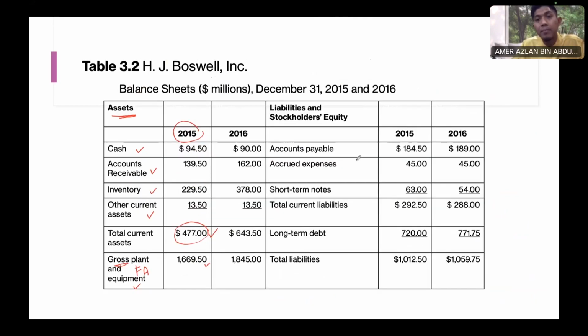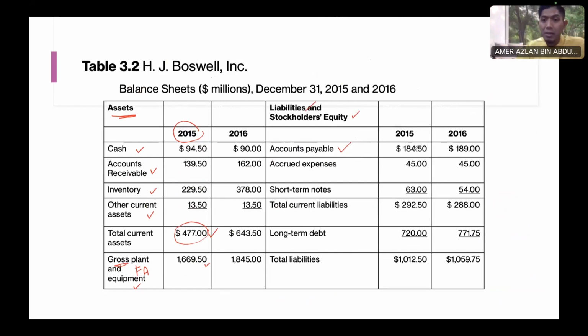So those assets will be financed through liabilities and stockholders' equities. The first one is through several items of current liabilities. You have accounts payable here, right? Money that is yet to be paid by the company to the supplier.